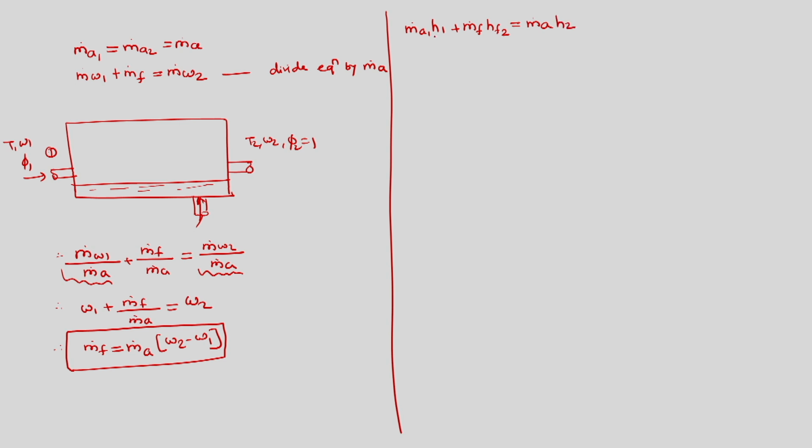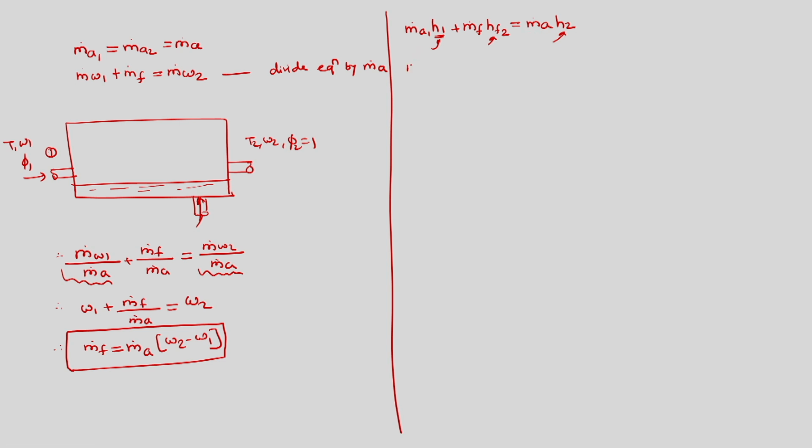Okay. So this is the enthalpy of mixture per unit mass of air. This is the specific enthalpy of water at state 2 in the saturation state, and then this is the specific enthalpy of air at state 2, mixture at state 2 per unit mass flow of air.